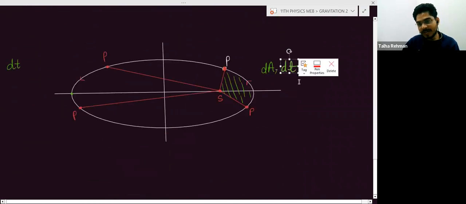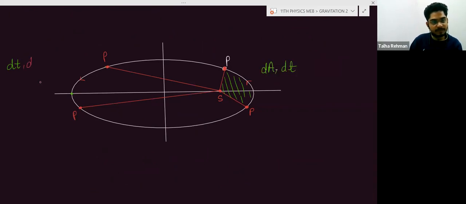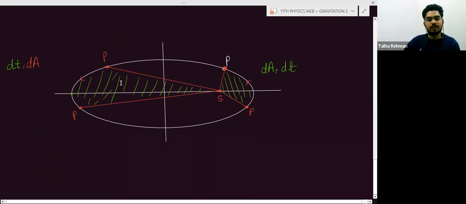So here also the area will be dA. So we can say that this area will be equal to this area, if it is covered in equal time.